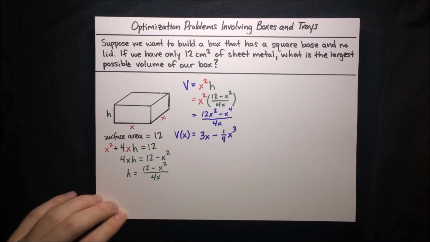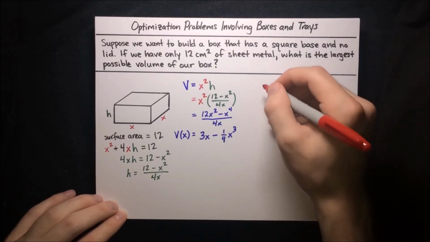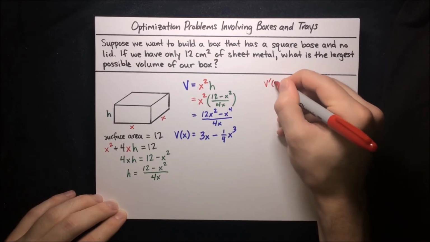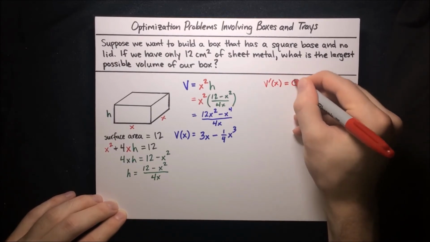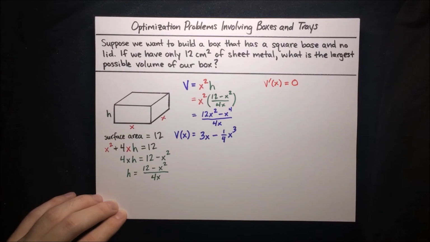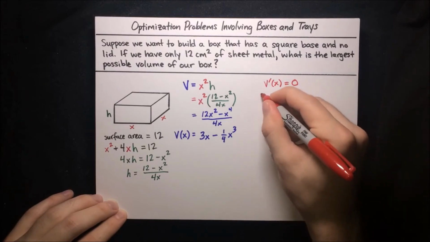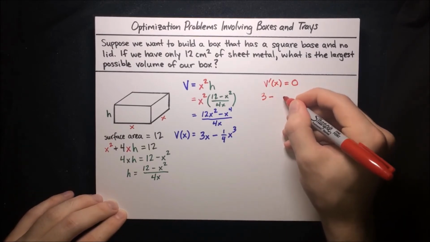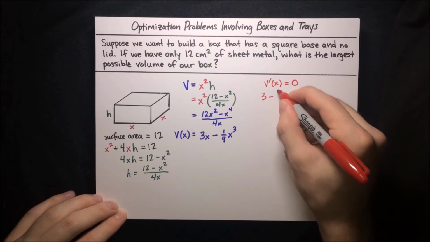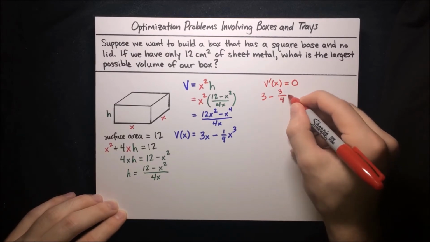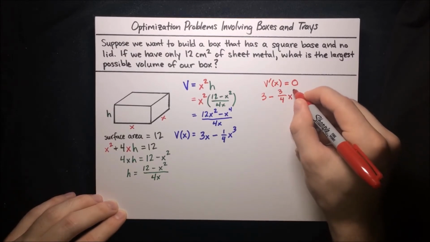And the way we optimize the function is we take its derivative, V prime of x, and we set it equal to 0. We're trying to find the stationary points, because those are candidates for the maxima or minima of the function. So taking the derivative of 3x is just 3, and then minus, power rule on that 1/4 x to the third, the 3 jumps out, 3/4, and then the power decreases by 1, so x squared.